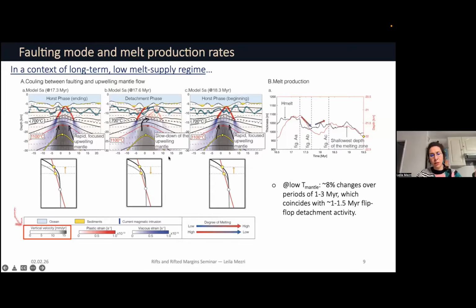As a consequence, that will result in a decrease of the melt supply. Here the gray color shows the vertical velocity, and where it is very dark, we are faster than when it becomes gray. And when we go again to the horst phase, we are back to a phase of higher melt supply. We found an 8% change over a period of 1 to 3 million years, which coincides with the detachment faulting activity.